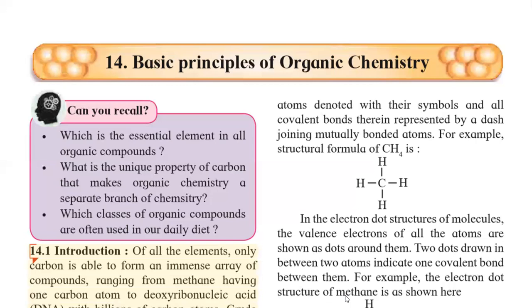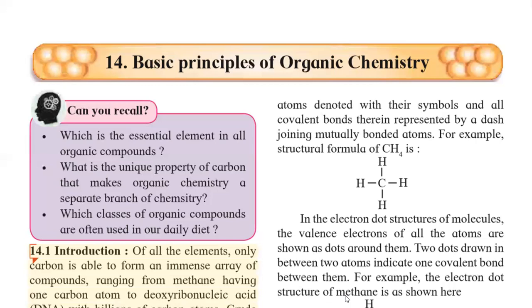The second question given in the box is: what is the unique property of carbon that makes organic chemistry a separate branch of chemistry? We know carbon has a unique property to form straight chain compounds by bonding with many carbon atoms, so long straight chain compounds can be formed.